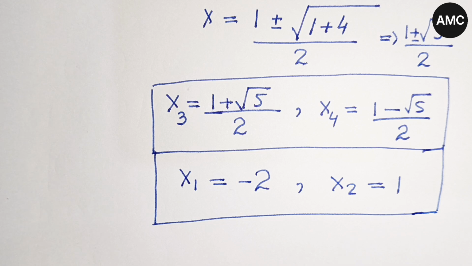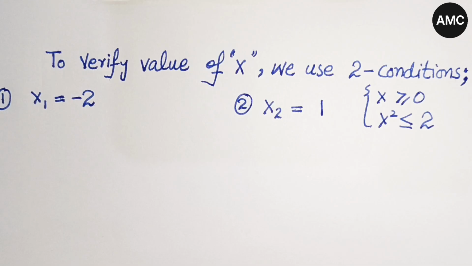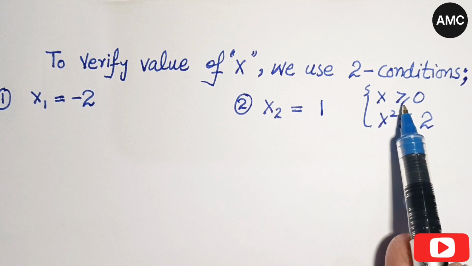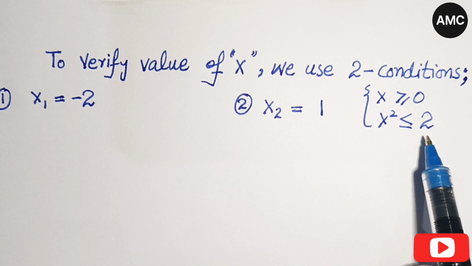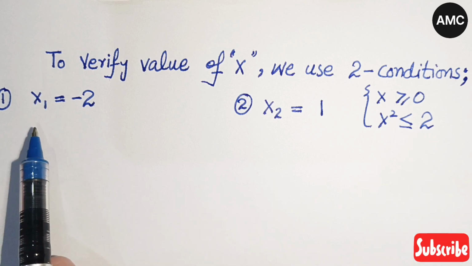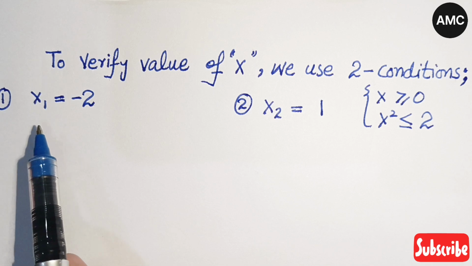Now we have to verify these values by using our two conditions. Here our first condition is x is greater than or equal to 0, and the second is x squared is less than or equal to 2. So first of all, we are going to verify our value of x1.